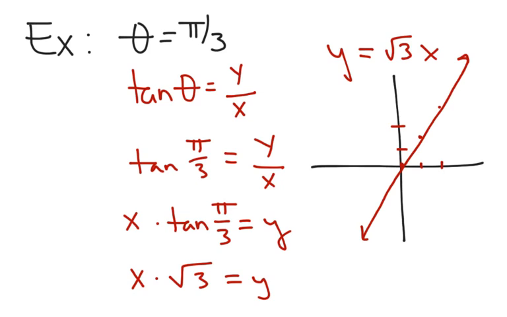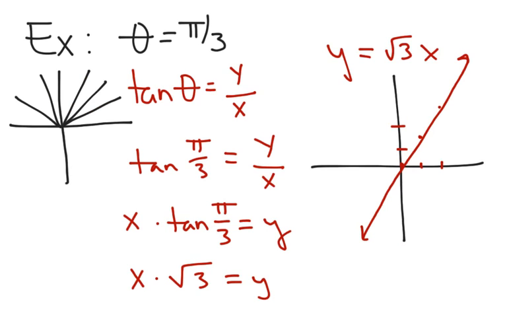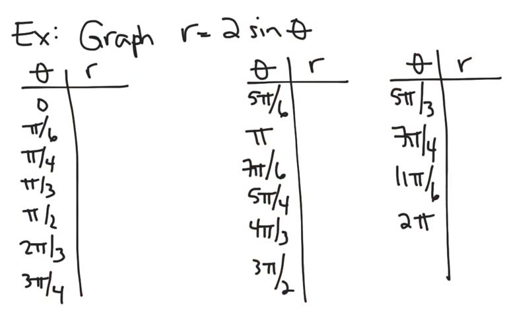But the other way of going about graphing it, if you think about your polar coordinates, in our polar coordinates we have all of our special angles. Theta equals pi over 3. Pi over 3 is this line here. So there you would go. And it looks like the same graph I got if I changed it into rectangular coordinates and then graphed it.